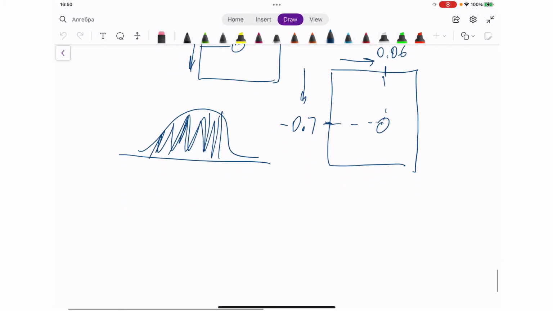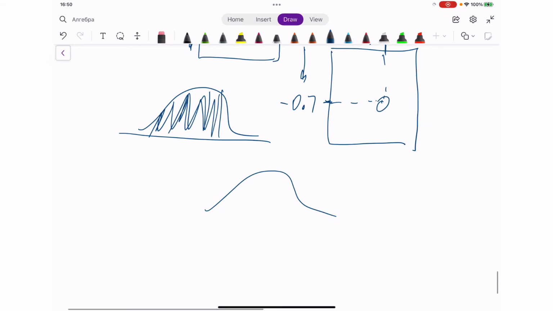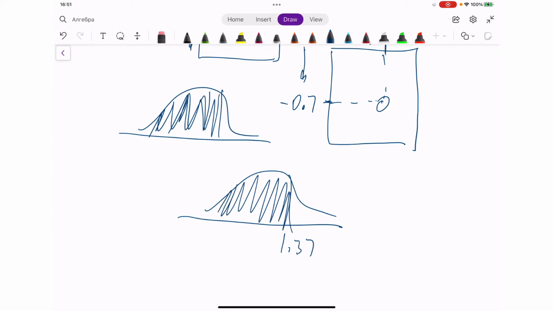When we need to do to the right, for 1.37, from the table I take the area to the left, 0.9147. But we need to the right. So what we're going to do, we know the entire area is 1. So we take 1 minus 0.9147.